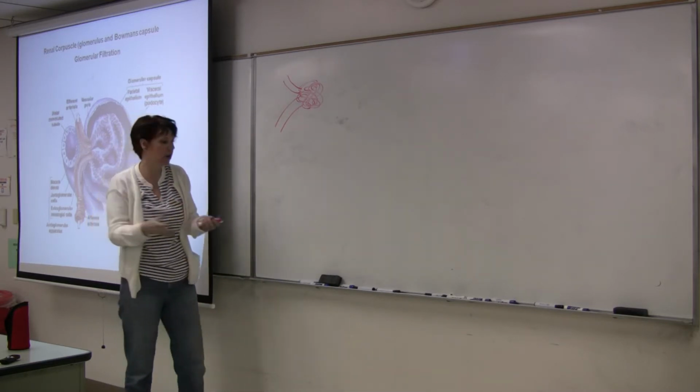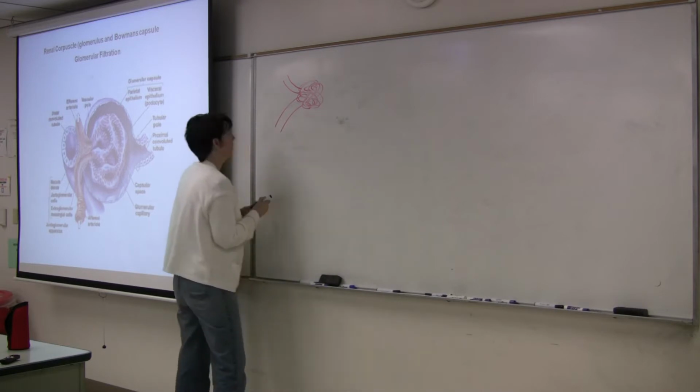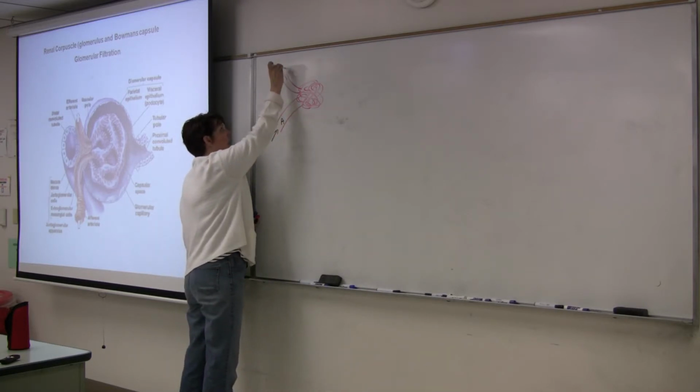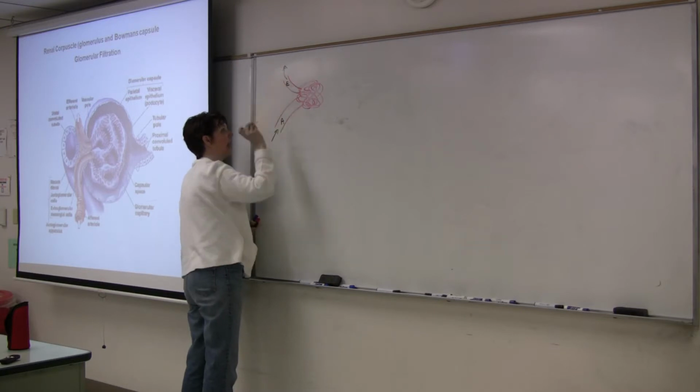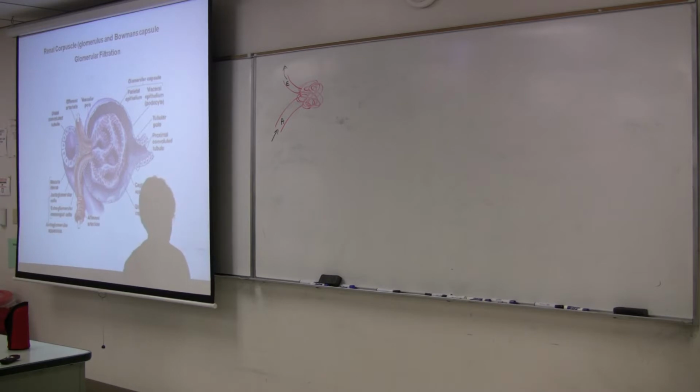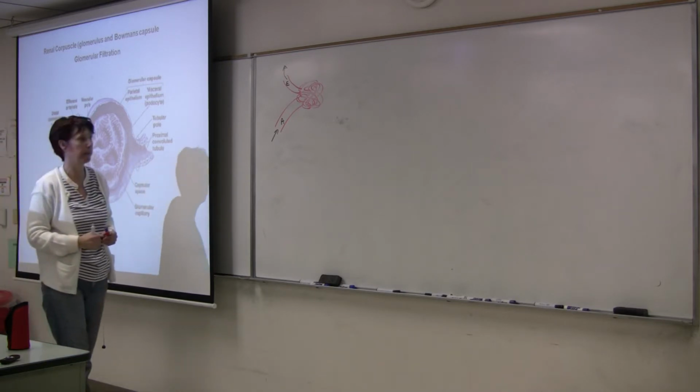This is the normal pattern, afferent and efferent. That in itself increases capillary hydrostatic pressure, right? Because we have a smaller outflow, a smaller tube for the fluid to leave.